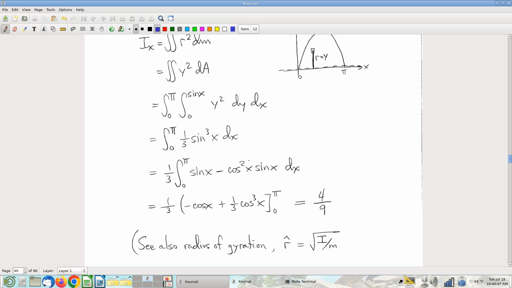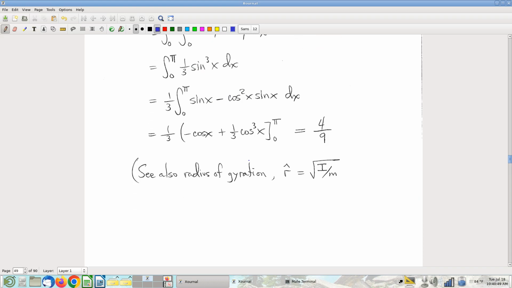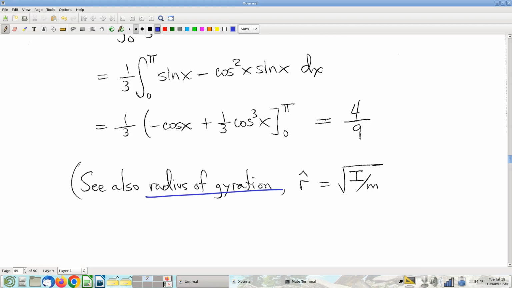Okay. Now, I am obligated also to mention a related idea called radius of gyration. I am not particularly interested in this because, yes, it is physics. Yes, it is useful in physics. This is not a physics class. How does this relate mathematically? One formula. There's no calculus in that other than calculus we've already talked about, namely moment of inertia.